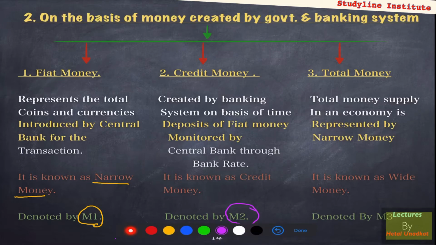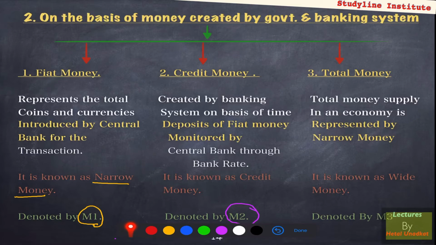Now, the third type is total money. The total money supply in the economy, in our market, how much the total money supply is, gives us the total money.